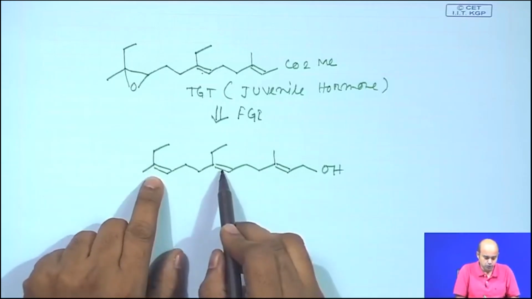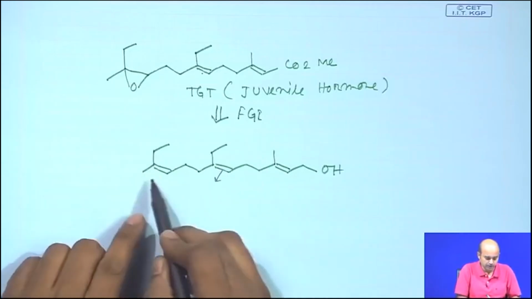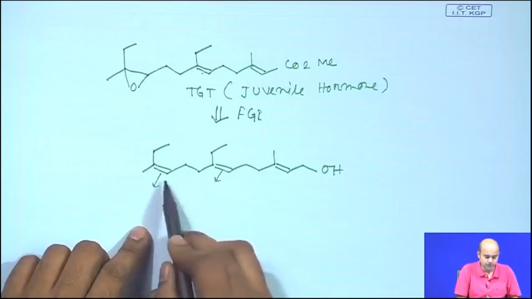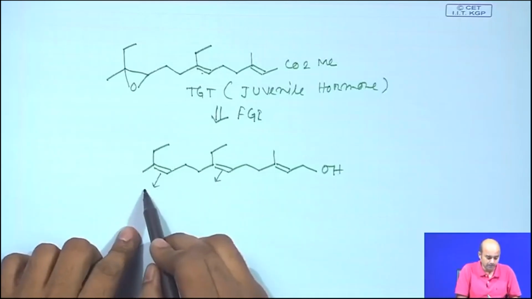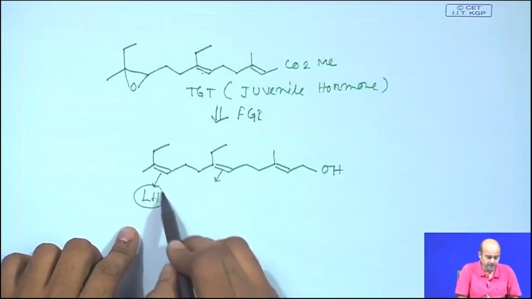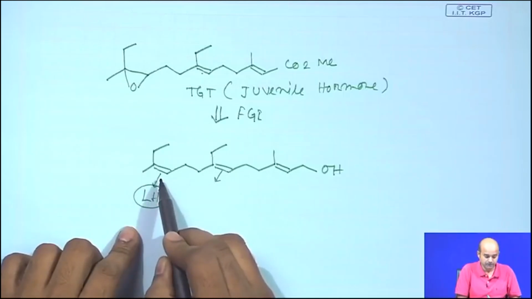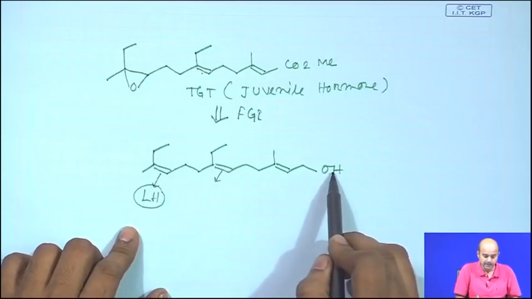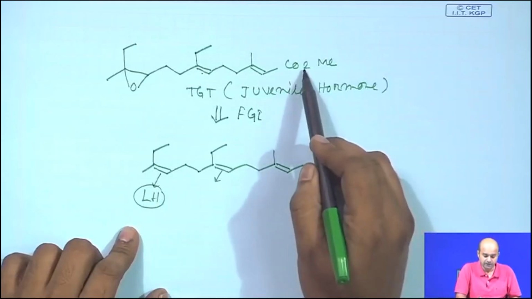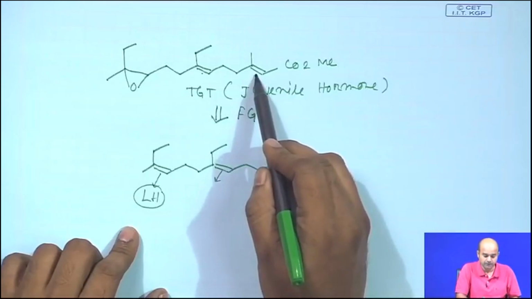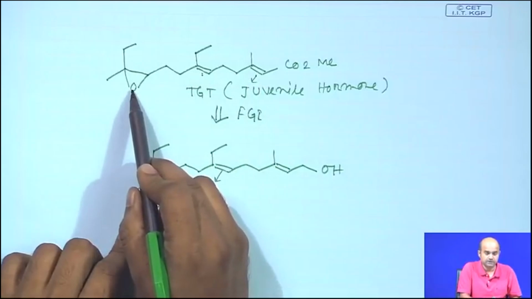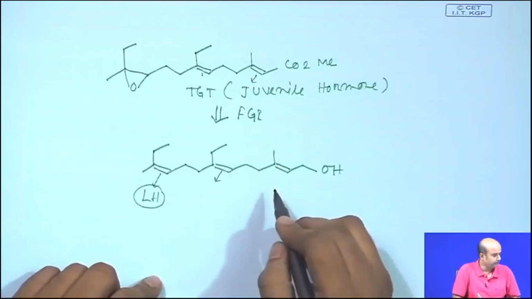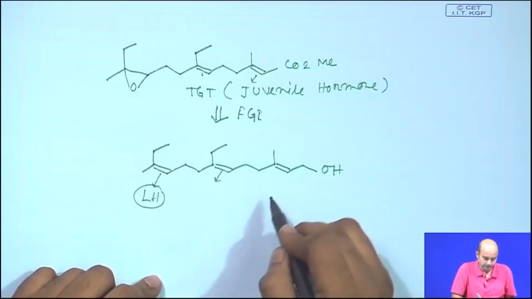Probably the central one and this one are more electron rich, because they are highly substituted. And the left hand double bond is sterically less congested. So, after the allylic alcohol oxidation and esterification, this double bond becomes electron deficient. This is electron rich, this is electron rich. Then selective epoxidation can be done here. We will discuss this one later on.